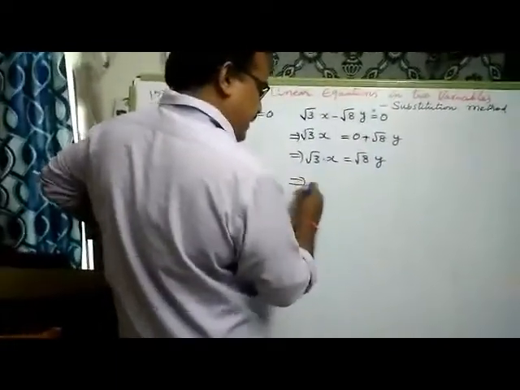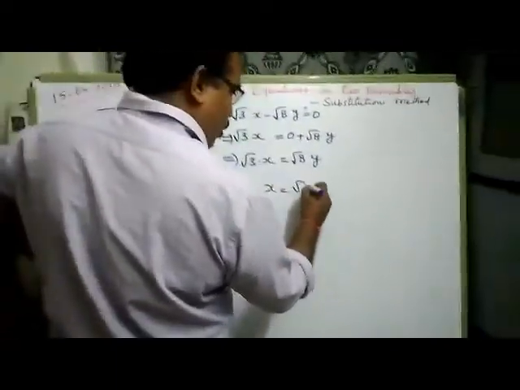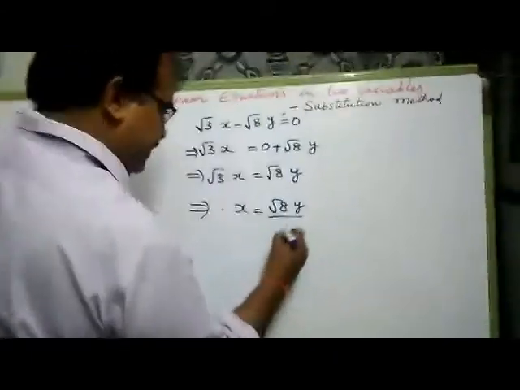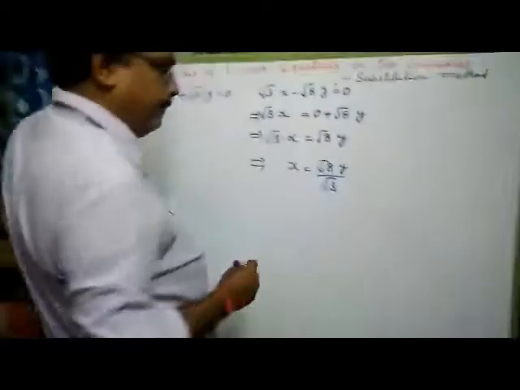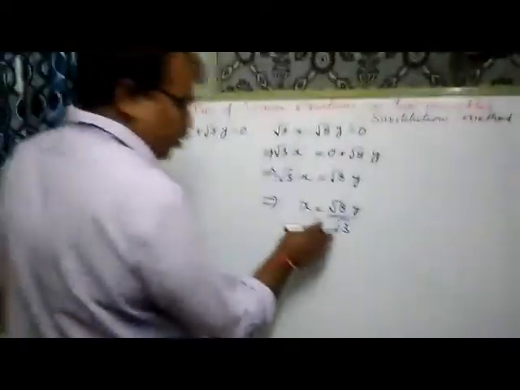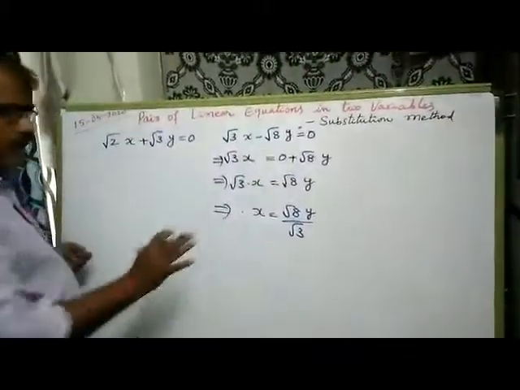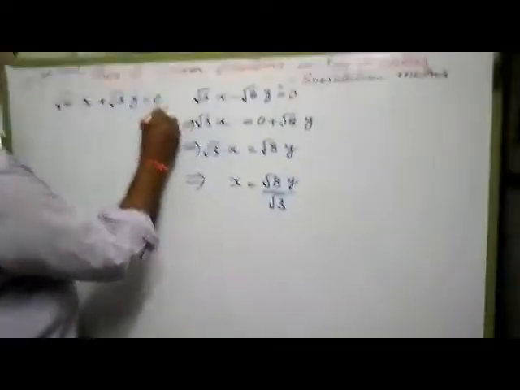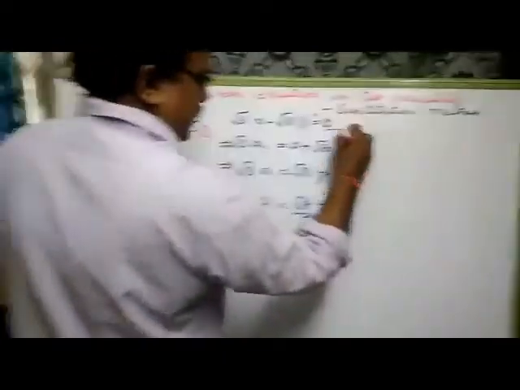That implies x is equal to root 8 y by root 3. Otherwise, root 8 by root 3 into y also you can write. Now this is equation 1, this is equation 2, this is equation 3.